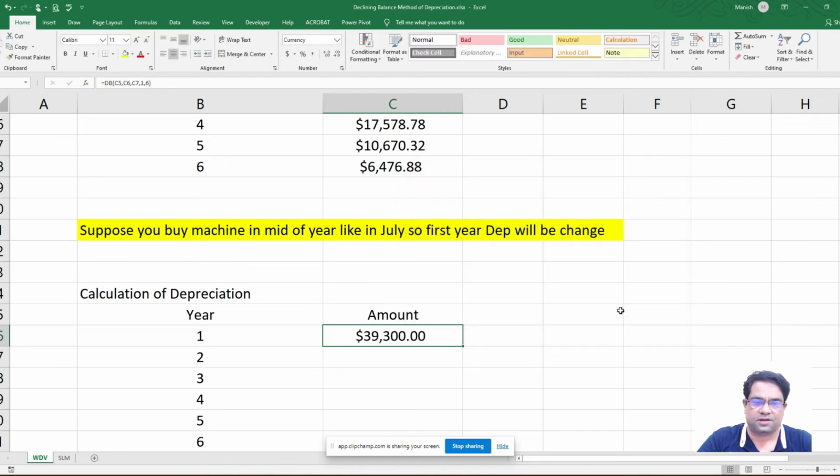First year depreciation figure will be $39,300. Come to the second year. In the second year this asset is used completely.